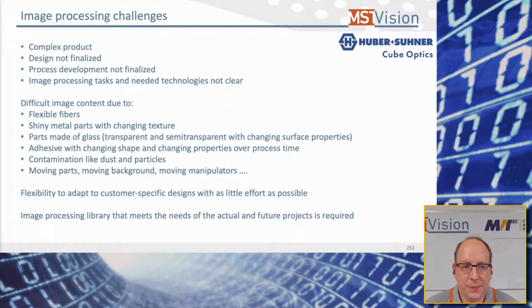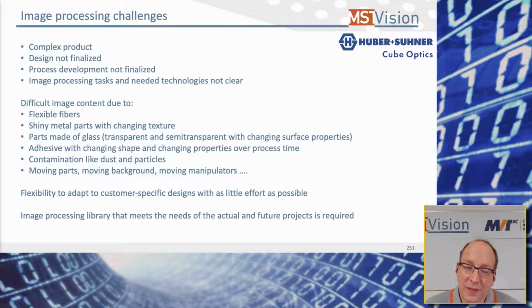What makes this so difficult? Well, the product is not that easy. When we started the project, the design was not finalized, and the process development was not finalized, and also what image processing is needed.